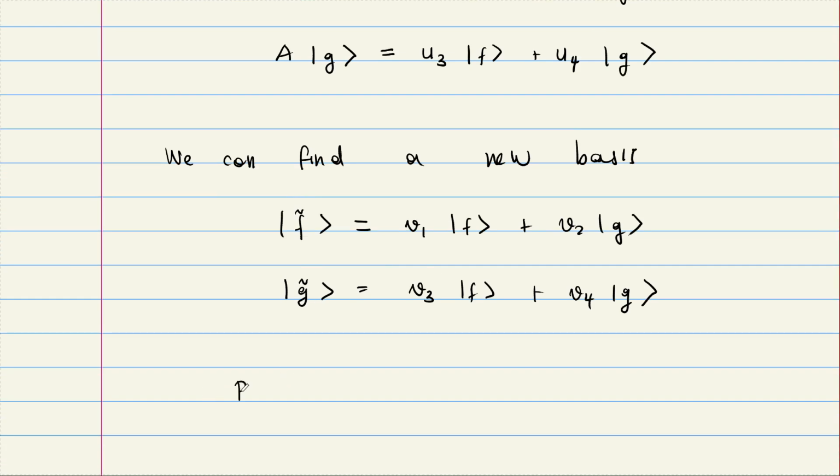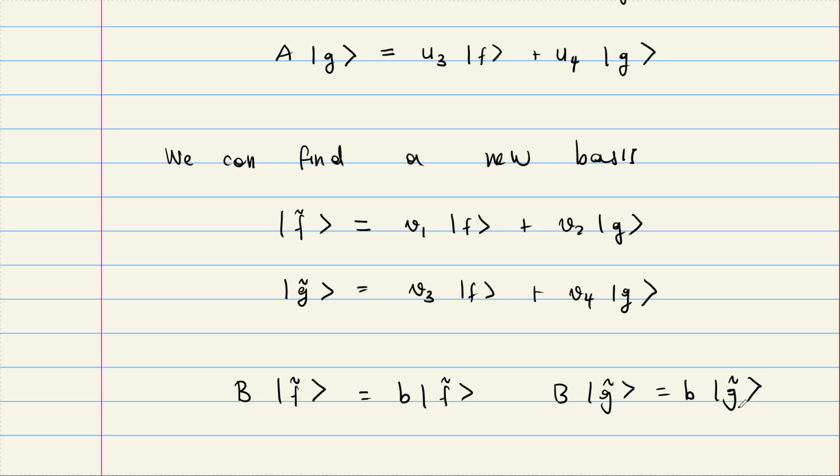This one is trivial, right? B times F tilde. Because this is F and G and each one has the same eigenvalue, this is B times F tilde. Similarly, B times G tilde is again B times G tilde.